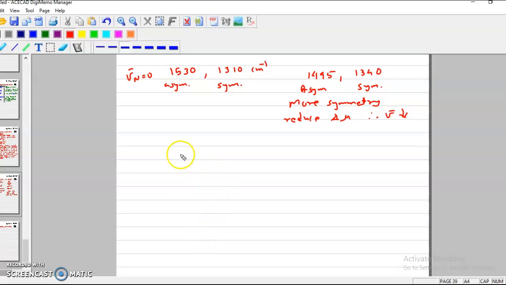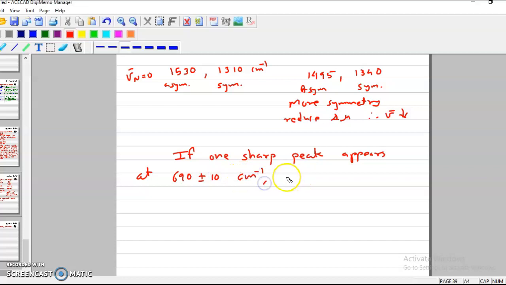Now, if one sharp peak appears at around 690 plus or minus 10 centimeter inverse, it is due to ring bending, which is present in the meta-isomer.